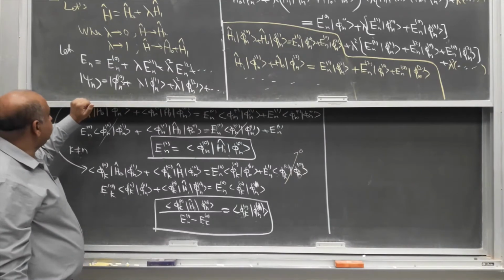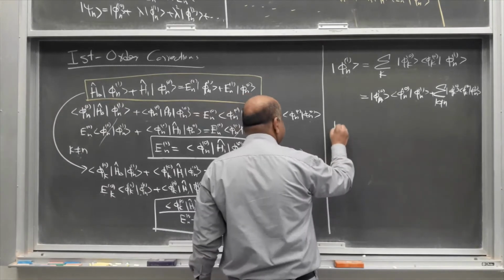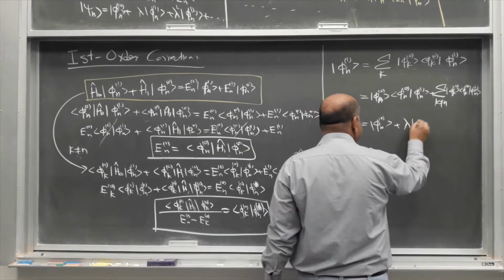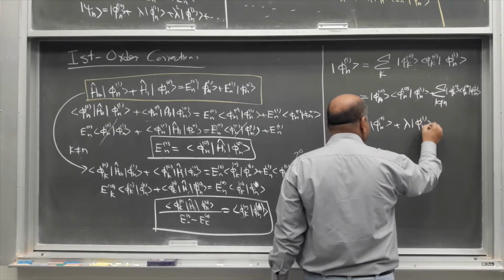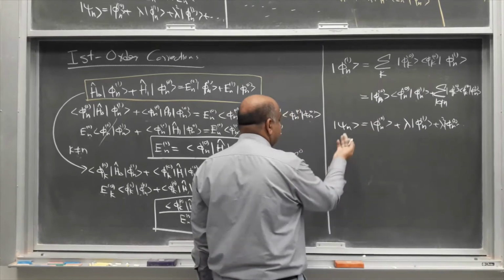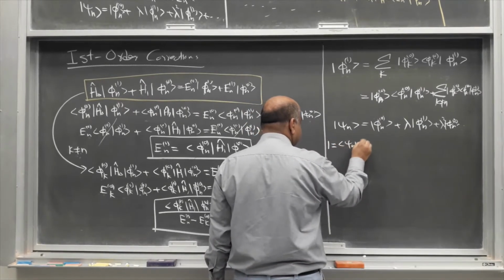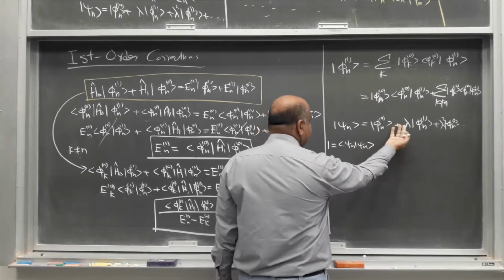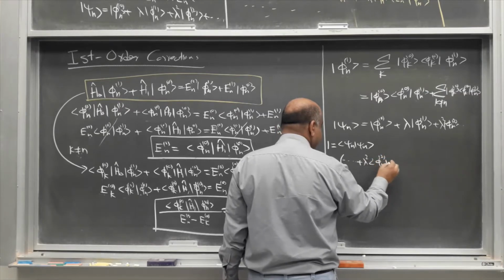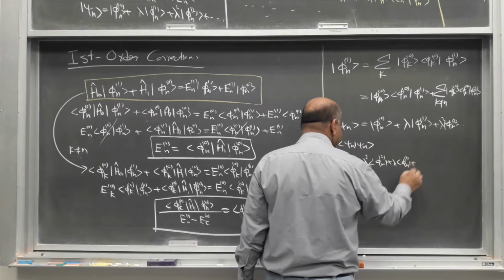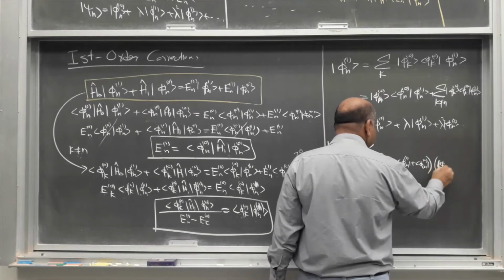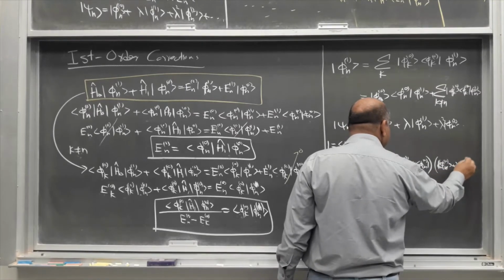Since we are working only to first order in lambda, it should be normalized, which means that 1 should be equal to, if I flip it, lambda squared phi n2 plus lambda phi n1 plus phi n0, into phi n0 plus lambda phi n1, and so on.